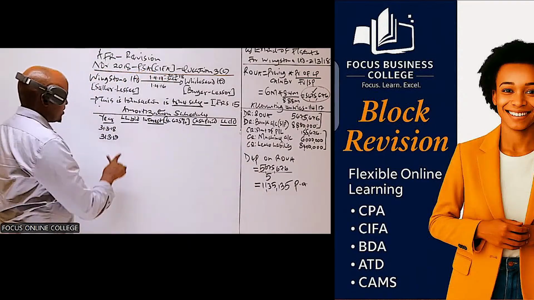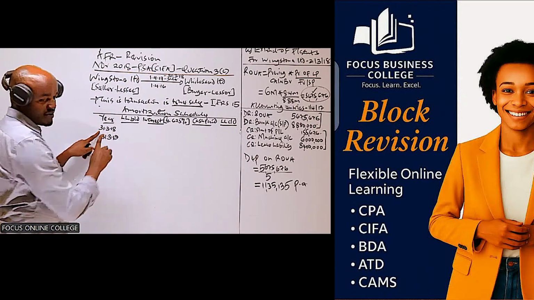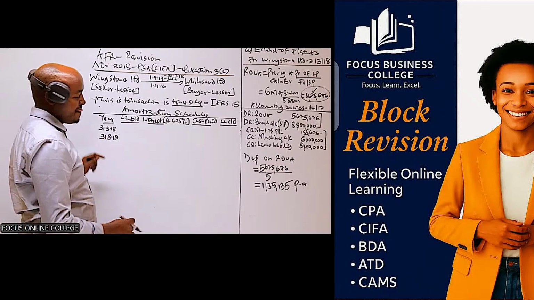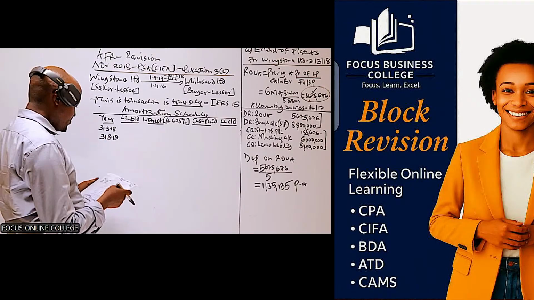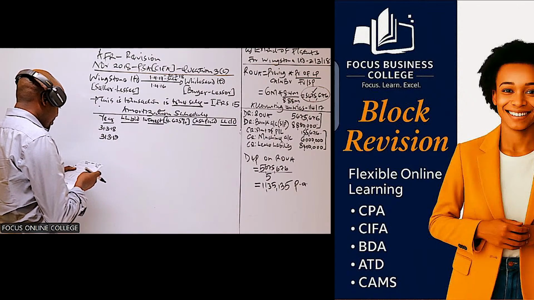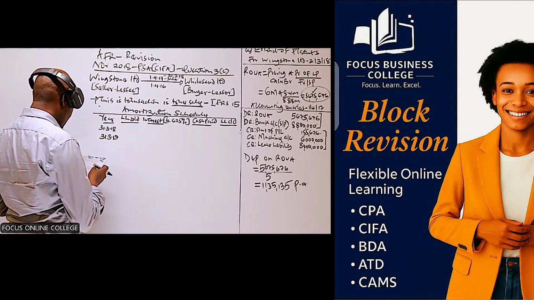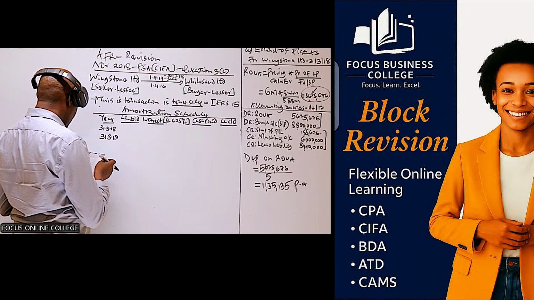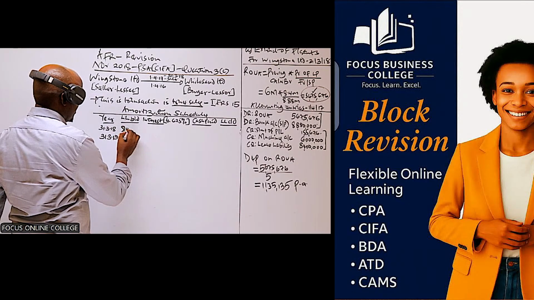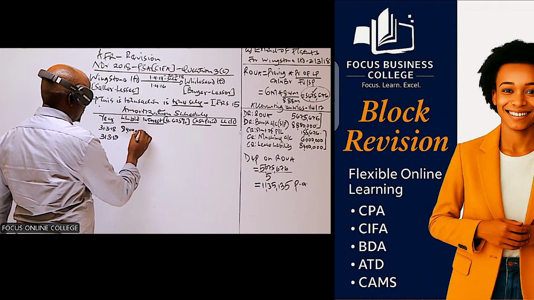So the lease liability at the start of year 1 is given as 8.4. The lease liability, the present value of the lease payment, 8.4. That is the amount we want to amortize.